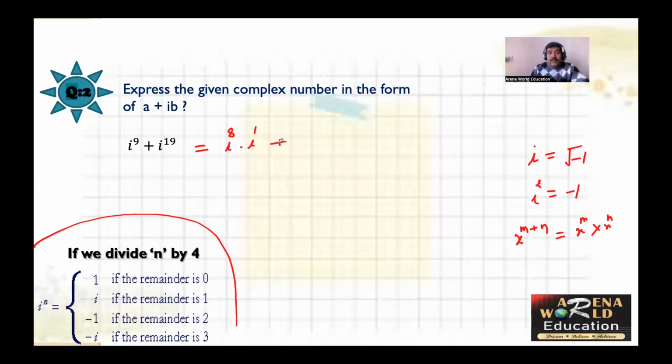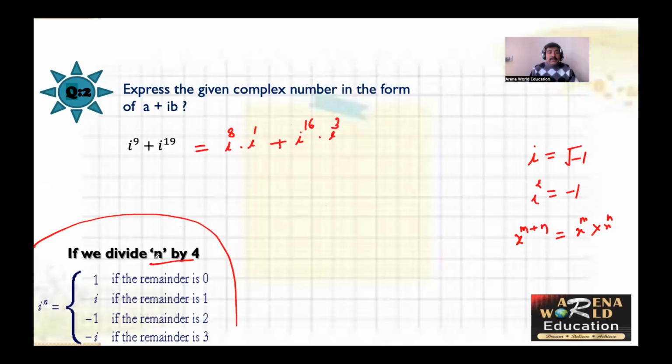Similarly, iota raised to power 19 can be written as iota raised to power 16 into iota raised to power 3, right? So here I have divided 9 as 8 plus 1 and 19 as 16 plus 3 because we will divide the power by 4. So these 8 and 16 will be completely divisible by 4, right?